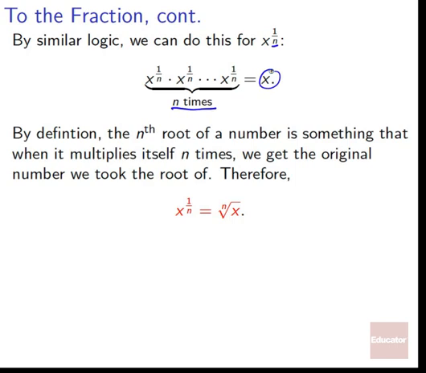By definition, the nth root of a number is something that when it multiplies by itself n times, we get the original number, right? The cube root of something, the third root of something, is a number that when it multiplies by itself 3 times, we get our original number. The nth root of something is a number that when it multiplies by itself n times, we get the original number. Well, hey, look, we're multiplying by itself n times. We're getting that original number out of it, so it must be that x to the 1 over n is equal to the nth root of x.